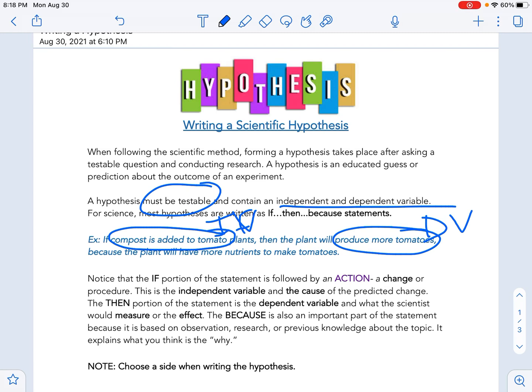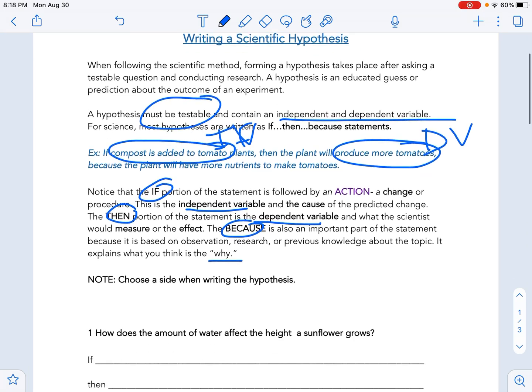The because is also an important part of the statement because it is based on observation, research, or previous knowledge about the topic. It explains what you think is the why. So the if is going to be our independent variable, the then is going to be our dependent variable, and the because is going to be our why.